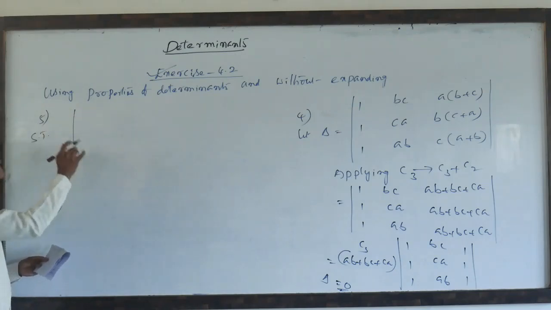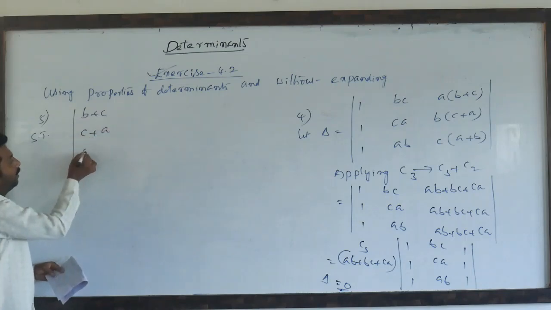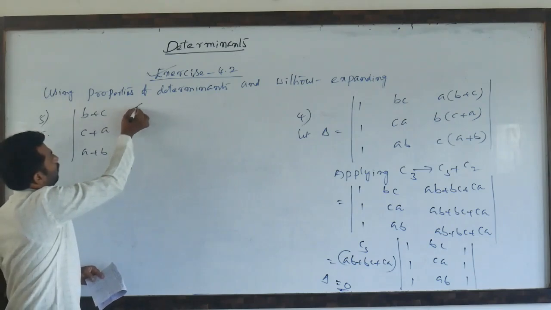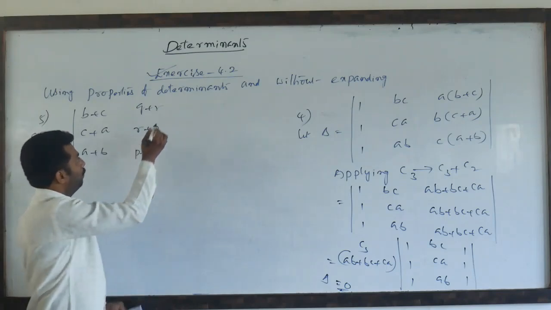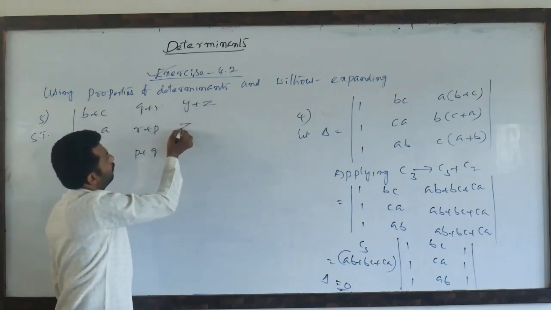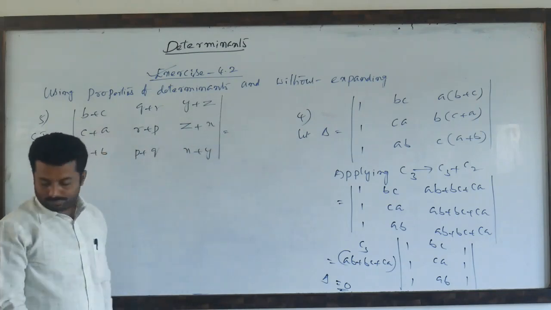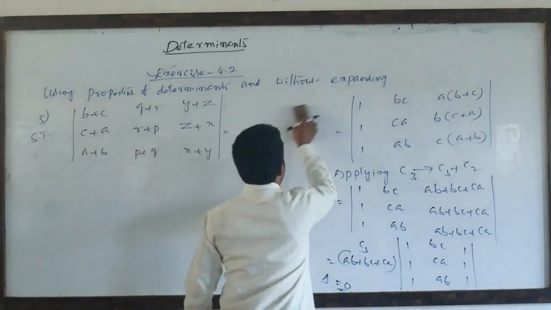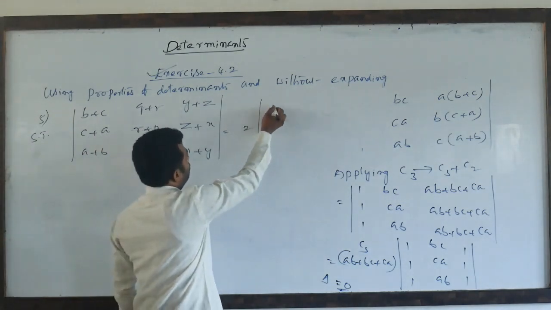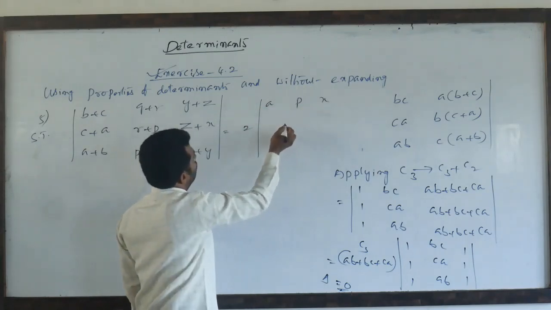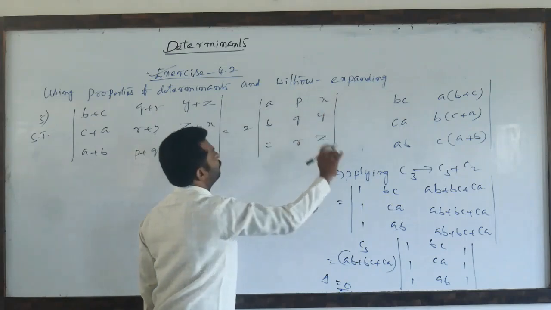Show that the determinant of b plus c, c plus a, a plus b; q plus r, r plus p, p plus q; y plus z, z plus x, x plus y equals 2 times the determinant of a, p, x; b, q, y; c, r, z. We have to do it like this.